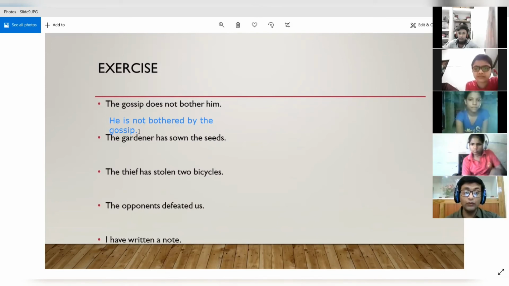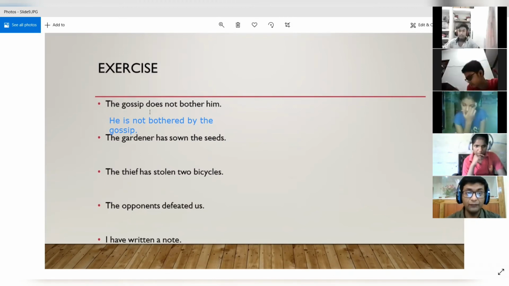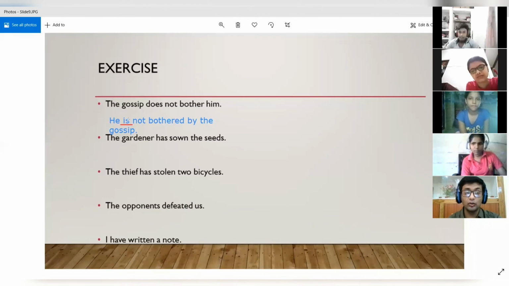Then the second rule was that we had to use the be form, right? So the be form present over here is. You will not find is present in the active voice. So this is the correct form of be verb present. All right. Then, from where the noise is coming, mute yourself. So is the form of the be verb that we are using over here. Then what was the third change that we needed? It was bothered, the third form of the verb bother, right?